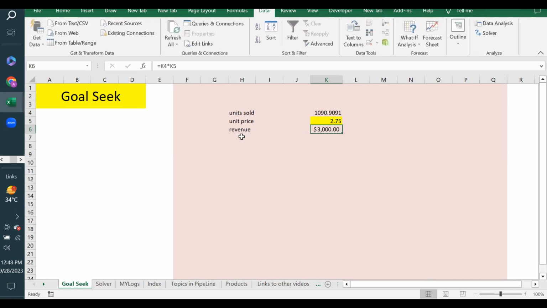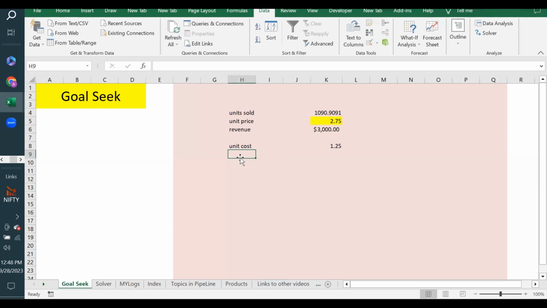Okay. Another thing you can do is bring the cost factor in here. For example, you have a predetermined unit cost given by your costing department, say $1.25.